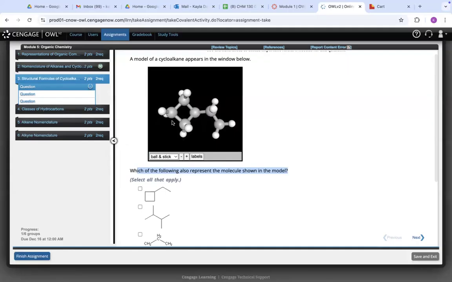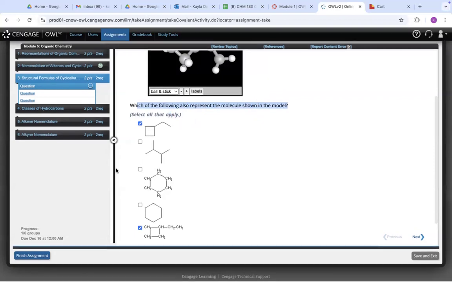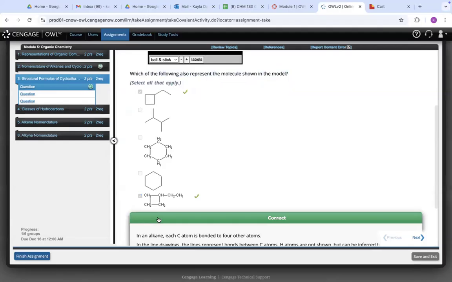So what I see here is a 4 carbon ring and then a branch, kind of looking like this. All right. So definitely matches that. And if the carbons were explicitly drawn out, it matches that guy. There we go.